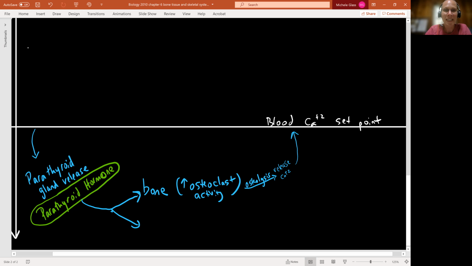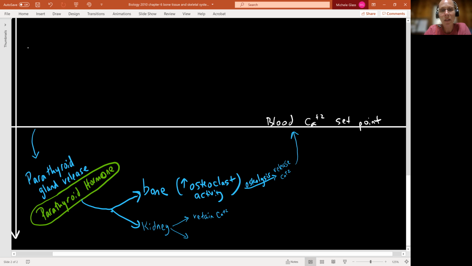Parathyroid hormone doesn't only talk to the bone, it also talks to the kidney. The kidney is the part of the urinary system which is actually producing urine. And here we see 2 important things happening. One important thing is that it's going to retain calcium.